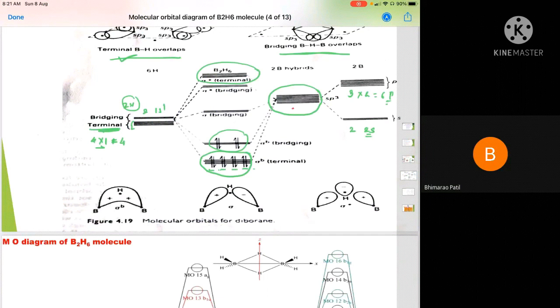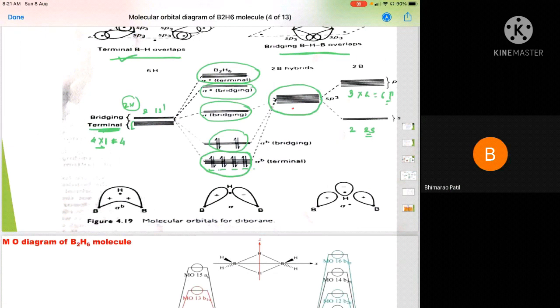Here you see one antibonding bridging molecular orbital, and here also that forms the sigma bridging orbitals.